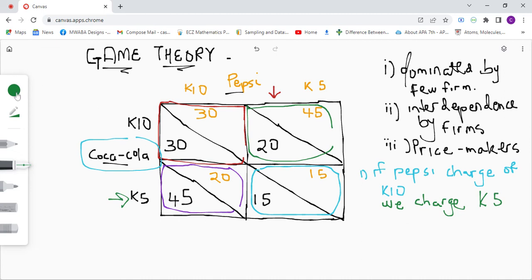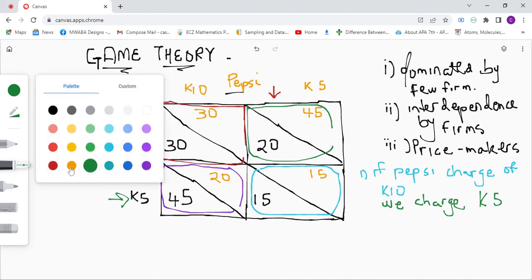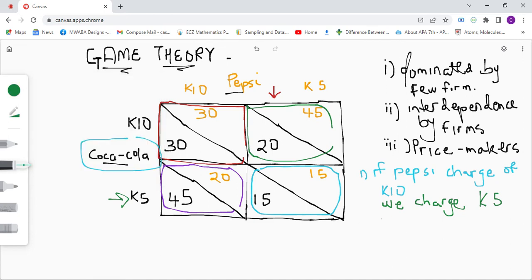And let's say Pepsi decides to lower its price to 5 kwacha. We put that in.